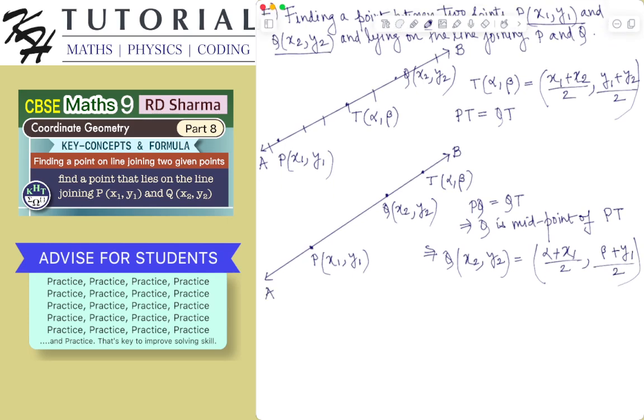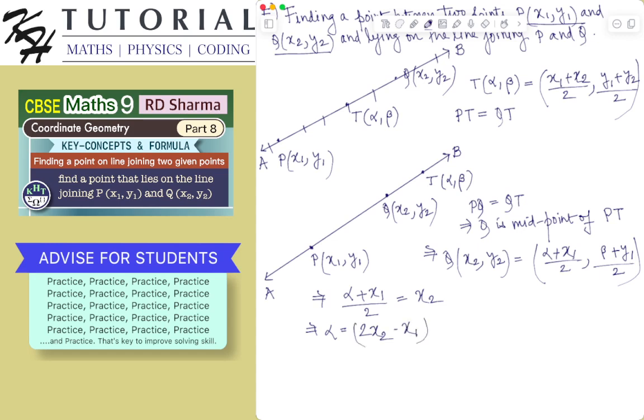Okay, so I have to find alpha and beta. This implies that alpha plus x1 by 2 is equal to x2. From here I can clearly find alpha. Alpha will be 2 times x2 minus x1.